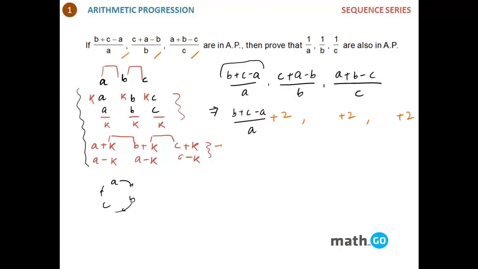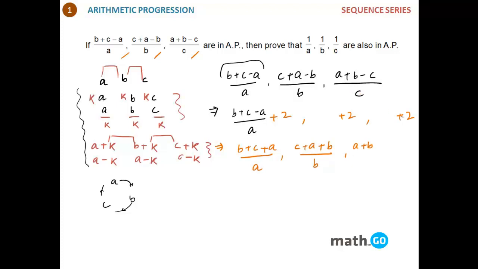So let's do the basic addition here. So it becomes, if I take the LCM, what it will become? B plus C minus A plus 2A, over A. Let's see the other terms. What should it be? Yes, it should be A plus B plus C over B, absolutely. What should be the third one?